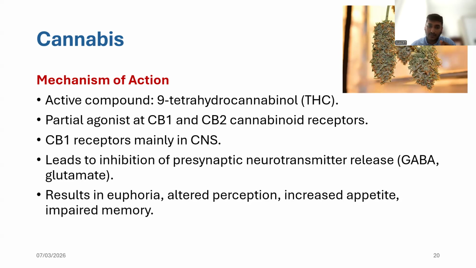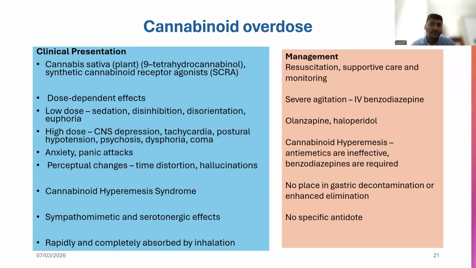So this will increase the sedation and euphoria and CNS depression, and there is some sympathomimetic effect, mainly due to serotonergic effects. Long-term cannabinoid abuse will lead to cannabinoid hyperemesis syndrome, where patients will come with profuse, frequent vomiting. Again, the antiemetics will not be effective for cannabinoid hyperemesis, but the benzodiazepines are.